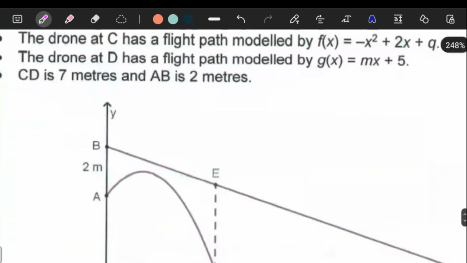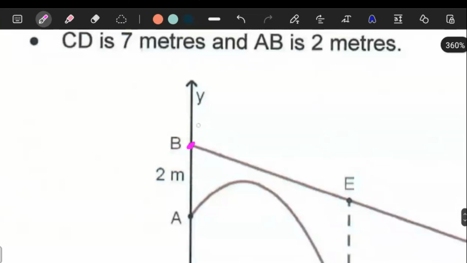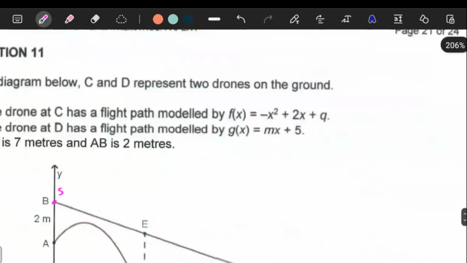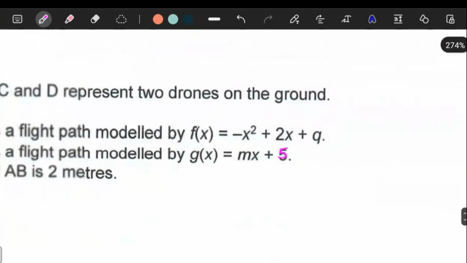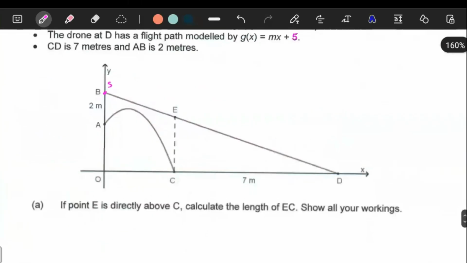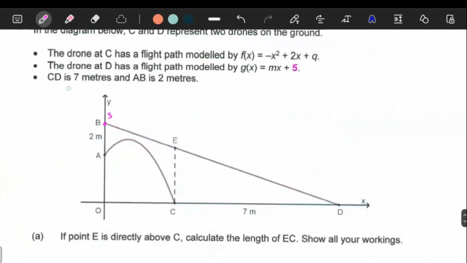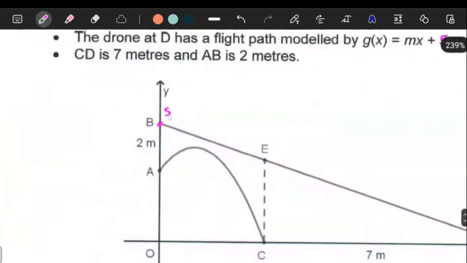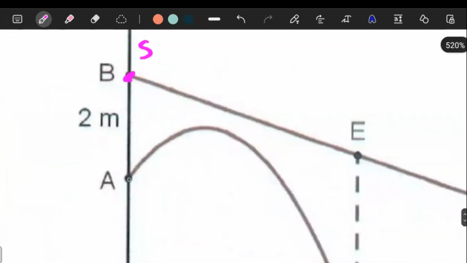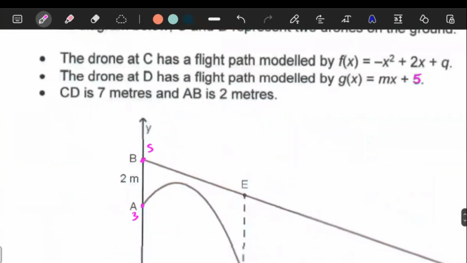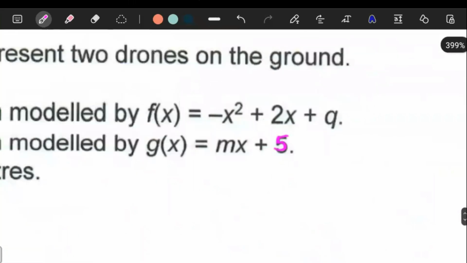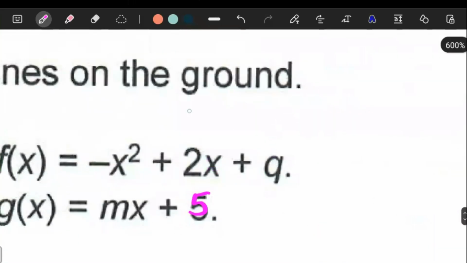So already this is a 5. Don't take that for granted because of the y-intercept here. And then they say CD is 7 meters apart, and AB is 2 meters apart. So if this is 5 and this is 2 down, it means this has to be a 3. Again, this is a y-intercept, so automatically this has to be a 3 also.